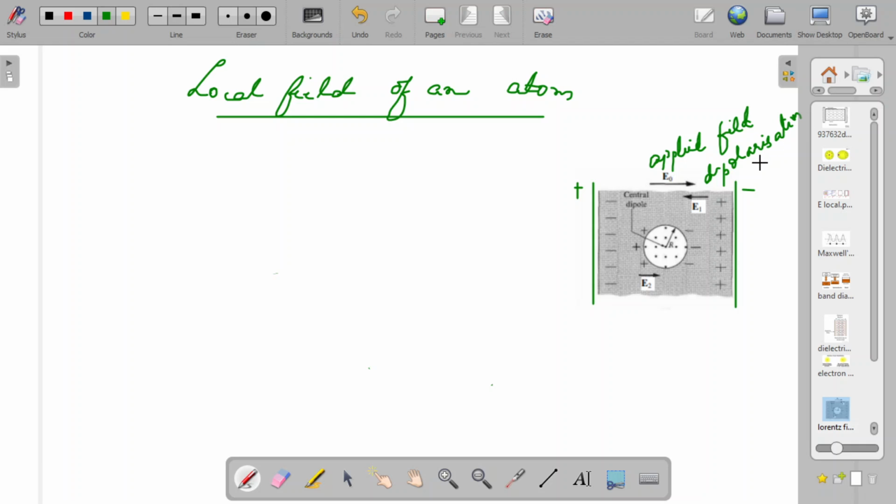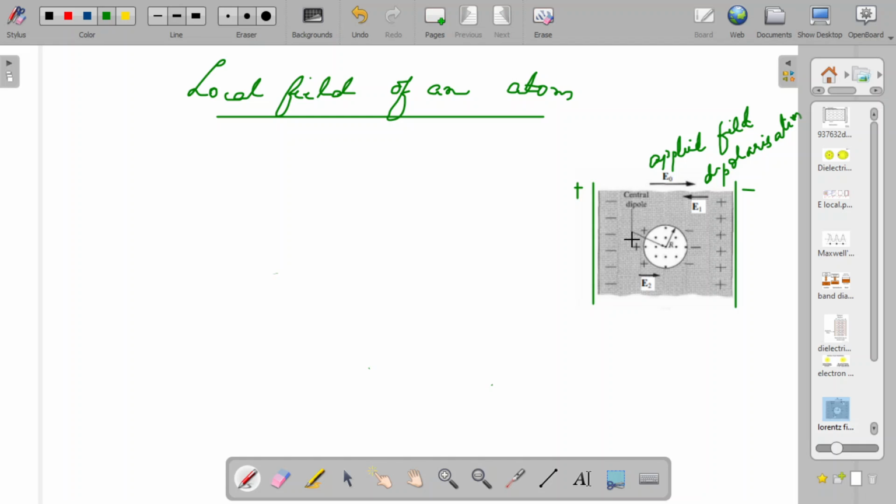So this is in a direction opposite to the external field.